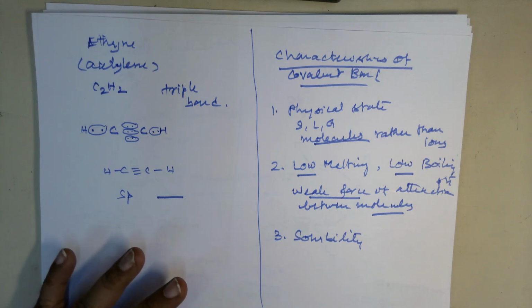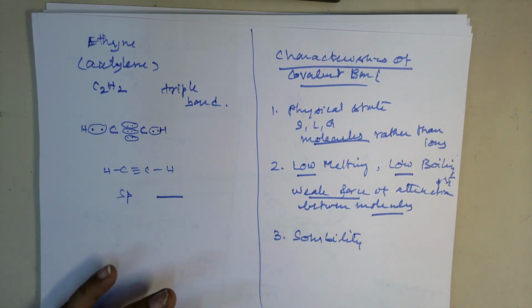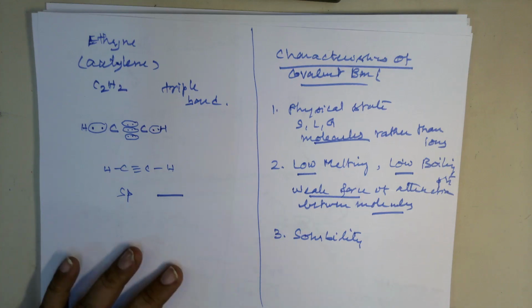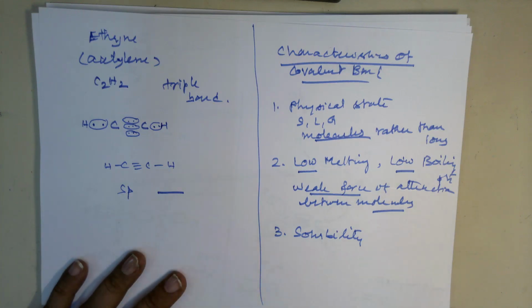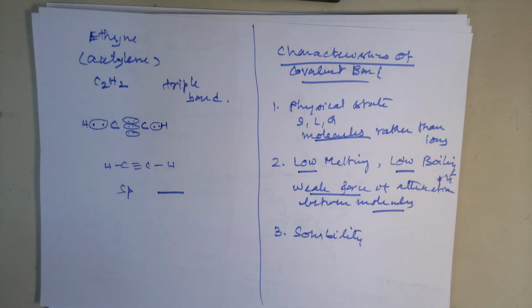Compared to ionic bonds, they are weak, and that is why the compounds are low melting and low boiling if it is a liquid. But covalent compounds generally having hydrogen bonds can be dissolved in water. I will discuss that under solubility as well.